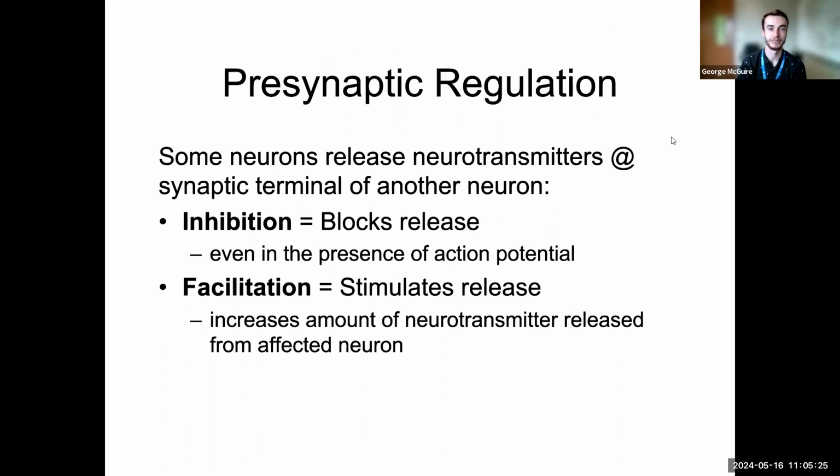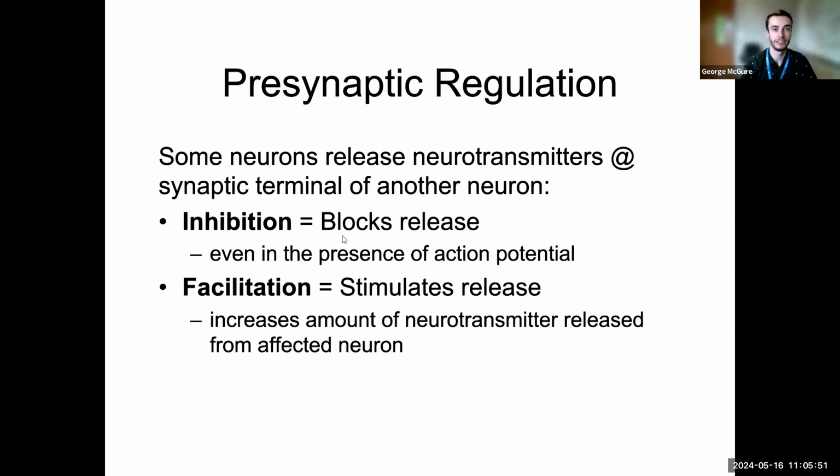And so our last concept here is we also have presynaptic regulation, meaning that some neurons are going to act directly, have their neurotransmitters being released directly onto the synaptic terminal of another neuron. So basically the two tails are meeting each other. Axons meet with other axons. And so you could have one neuron responsible for regulating the activity of the second one, and that is considered presynaptic regulation.